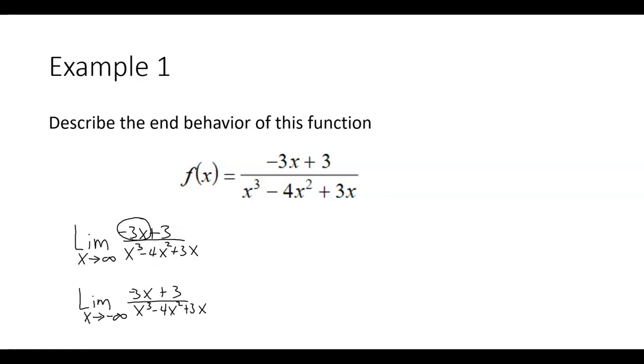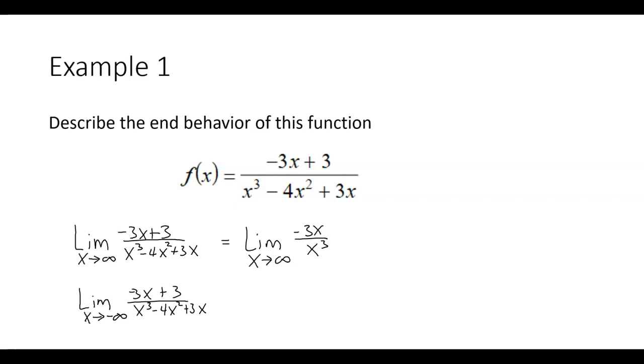So the limit of this function here is going to be equal to the limit of negative 3x over x cubed. They would actually have the same outcome because these other pieces here really don't even matter. They don't affect the end behavior. And so the first step is we're going to rewrite our limit without everything else, just the first 2 terms.